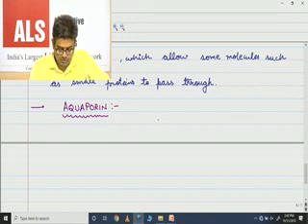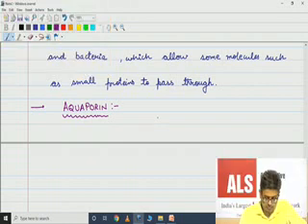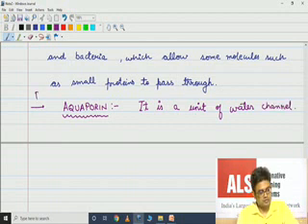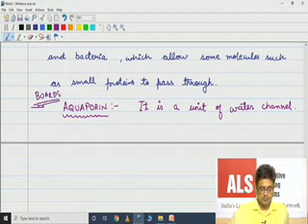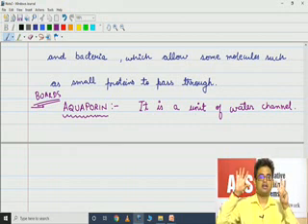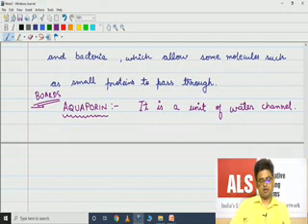So, what is aquaporin? Actually, it's a water channel. It is a unit of water channel. This question has been asked in your boards, and it is important for your boards. Aquaporin is a unit of water channel which allows water to pass through, and water channels are made up of 8 units of aquaporin.